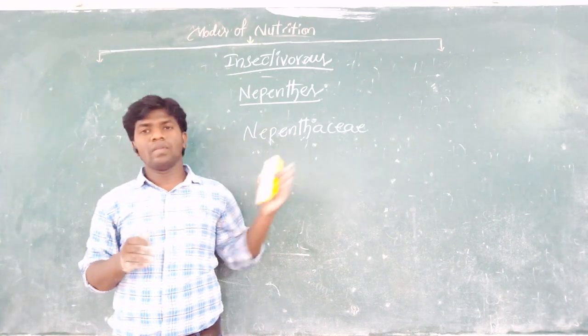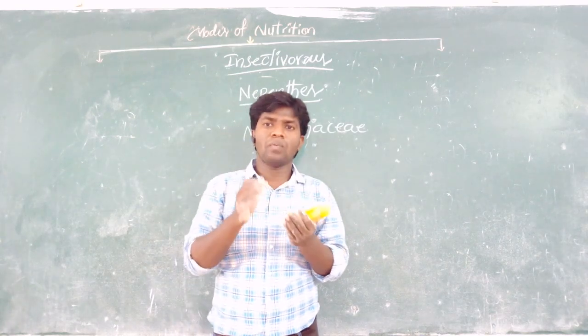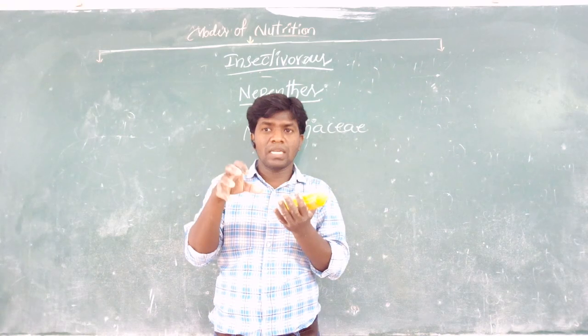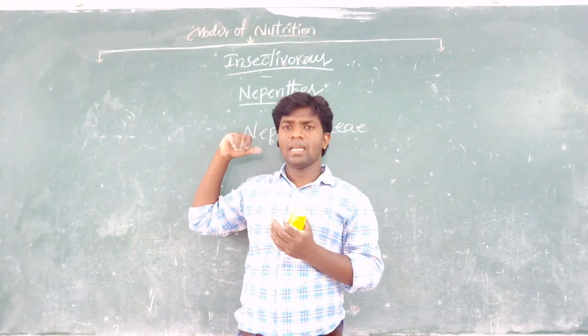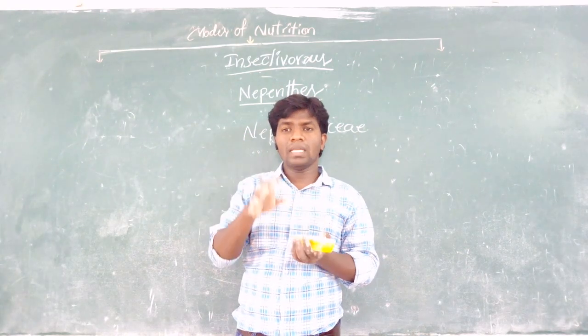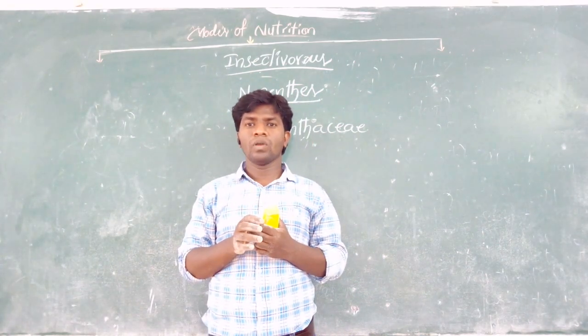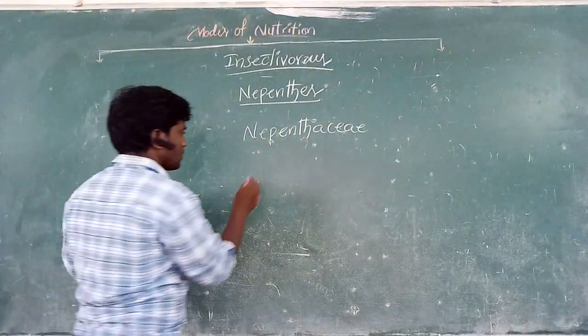Nepenthes has a pitfall type of trapping. A honey-like substance is secreted from glands present in these Nepenthes plants.